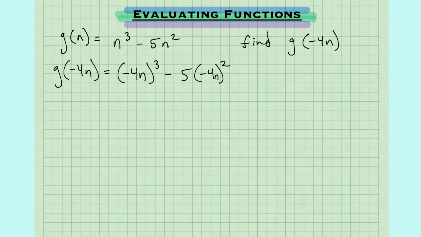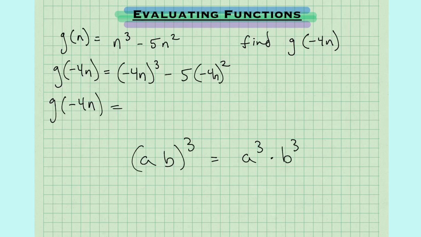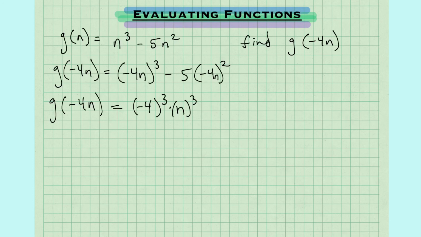All right, so we have g of negative 4n equals, okay, if you remember that if you have a times b cubed, that equals a cubed times b cubed. Okay, basic algebra, so that's what we're going to be using here. Negative 4, we're going to say that's a, n, we're going to say that's b. So what it looks like is we're going to have negative 4 cubed times n cubed. Okay, same thing with this over here.